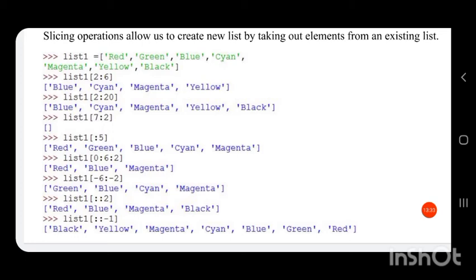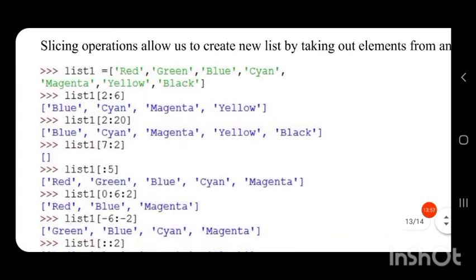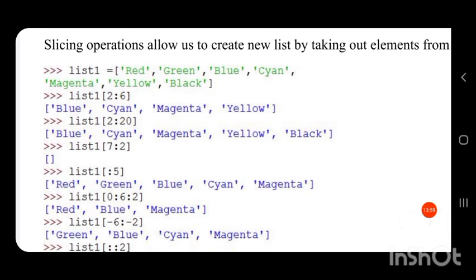values will be selected. So here 0 colon 6 colon 2 will first select the element at index 0, that is red, then 0 plus 2, that is 2. So the element at index 2, that is blue, then 2 plus 2, that is 4. At index 4 the element is magenta.